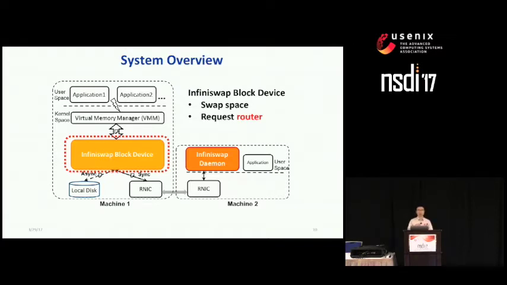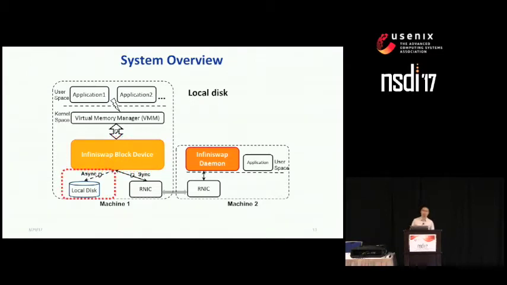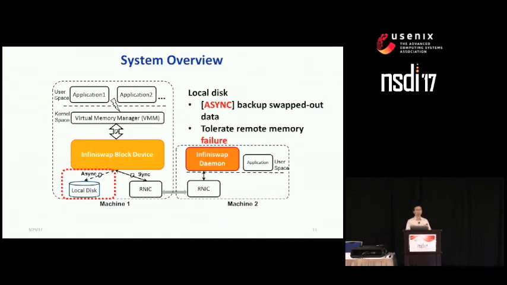It can forward swap requests to different destinations, either the local disk or remote memory, based on the status of the remote mapping. And under this block device, we have a local disk. It can asynchronously back up the swapped-out data from our block device. By having this local data copy, our block device can tolerate failures on remote memory.